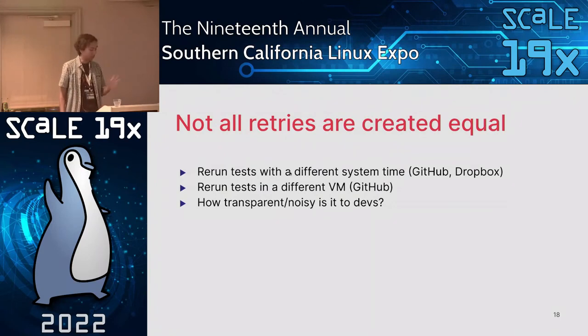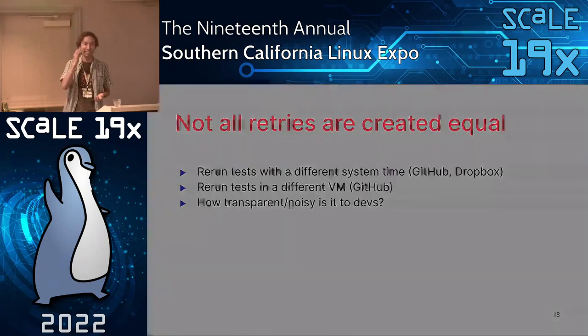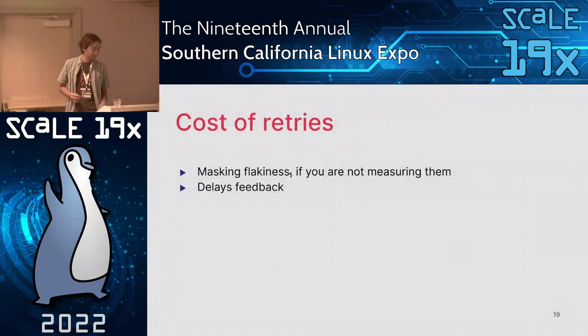It also creates a difference in whether you want the failures to be transparent to the developers, which is good because it reduces the noise, or whether you want them to see the problem, which is good because they get to see that there's flakiness in the test that needs work.